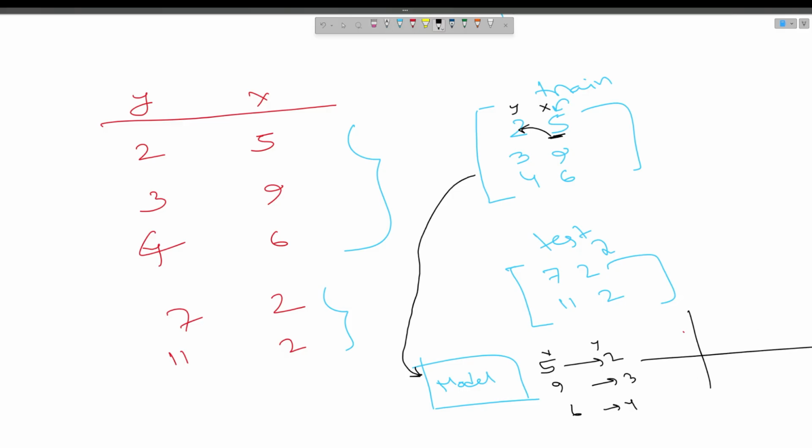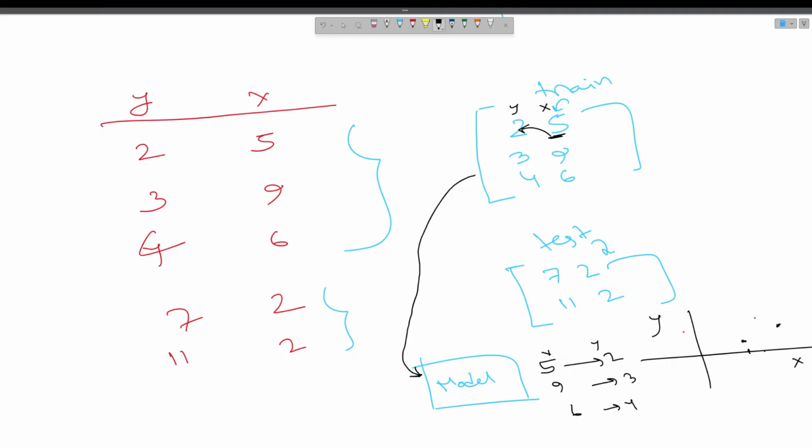Assume that it's on the x-axis, y, like 2, 5. I know this is totally random. Sorry, I made a mistake. So it should be 5, 2, then 9, 3, and 6, 4.